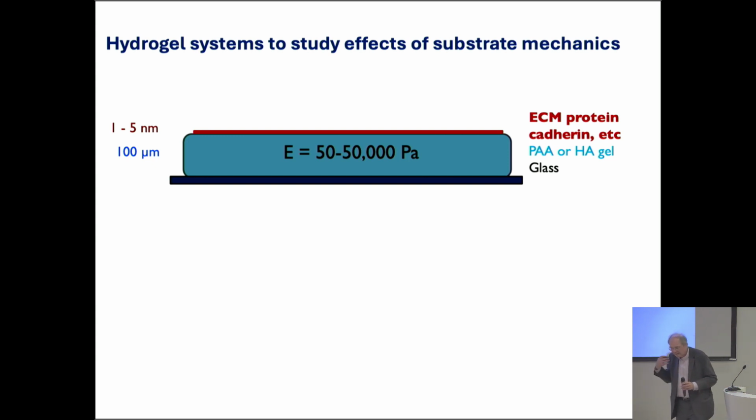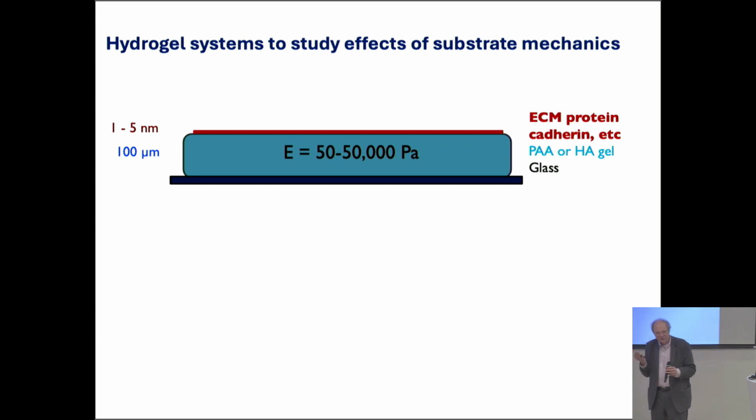So a growing field of biophysics, or physical mechanobiology, is to do regular in vitro cell biology, which I guess some of you must have done in a lab at some point, but to grow cells in culture not on glass or plastic, which is kind of a terrible idea.